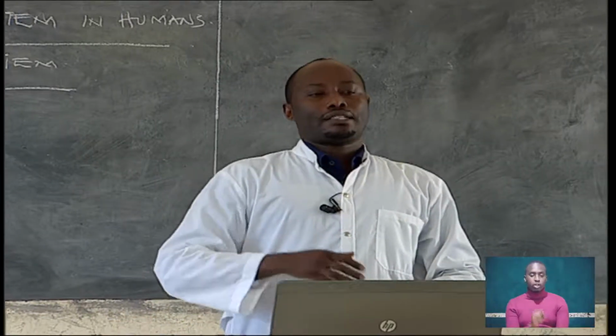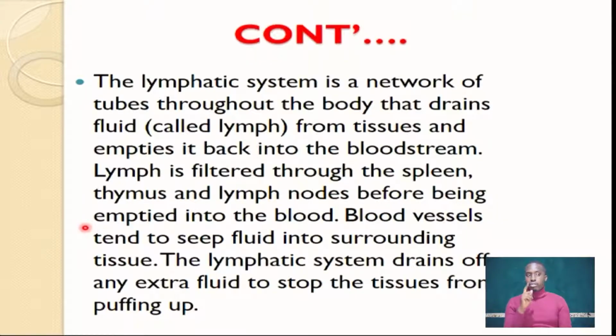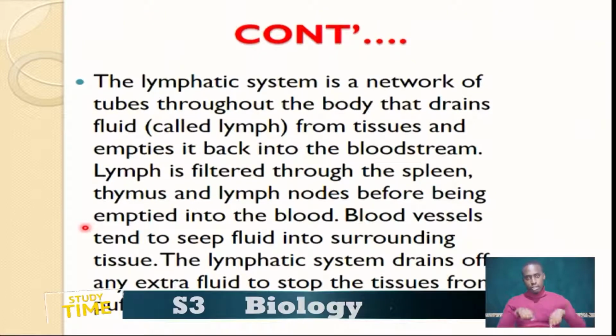So I said the lymphatic system is a network of tubules throughout the body that drains fluid called lymph from tissue and empties it back into the heart, as I mentioned earlier. That is a drainage system.